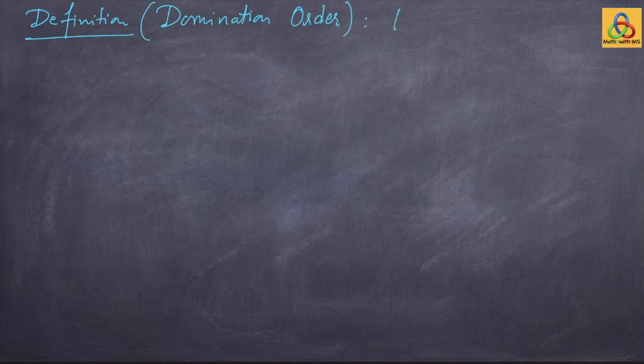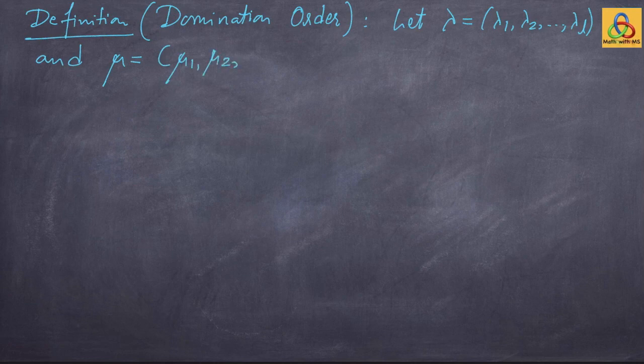So let lambda equal lambda 1, lambda 2 and so on up to lambda L, and mu equal mu 1, mu 2 and so on up to mu m, be two partitions of n.